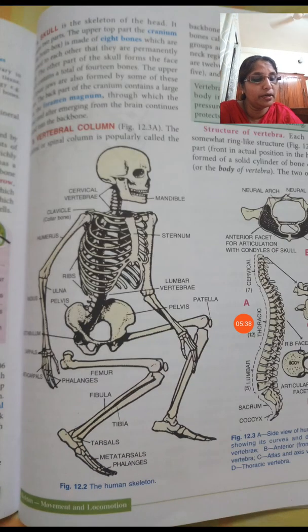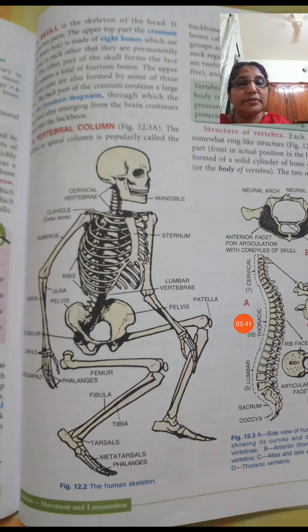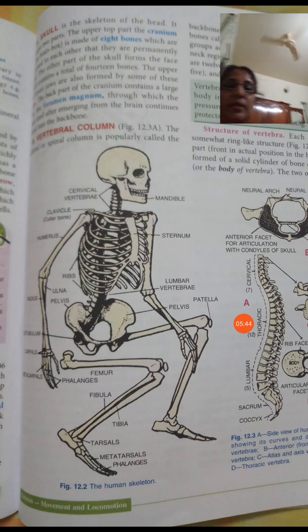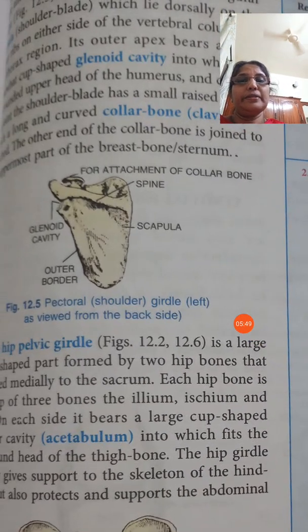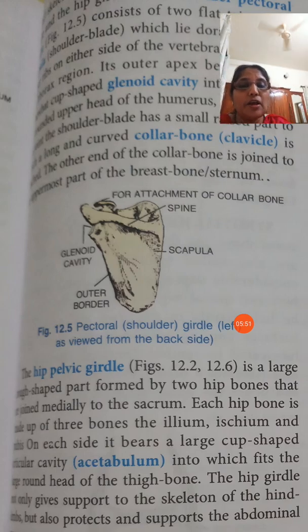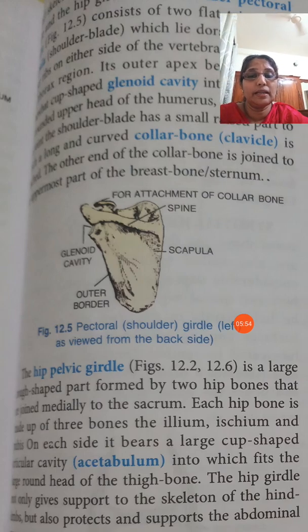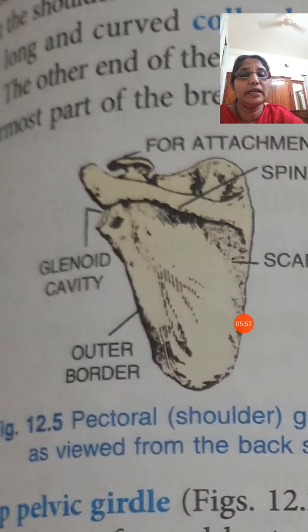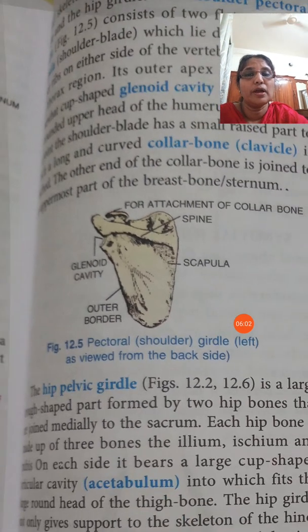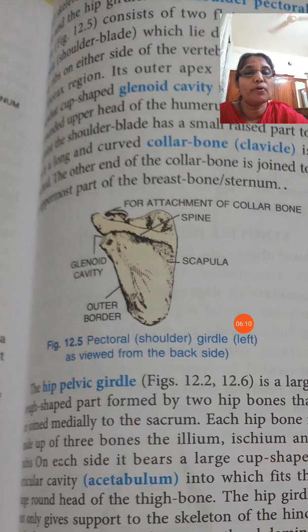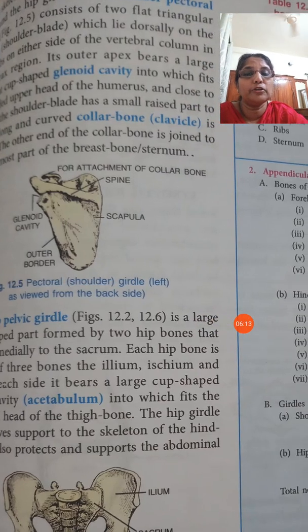That is the structure of the human skeleton. Then again, let us see the pectoral or shoulder girdle. Here you can see the glenoid cavity. This is a flat bone at the back part of the upper shoulder region, known as the pectoral or shoulder girdle.